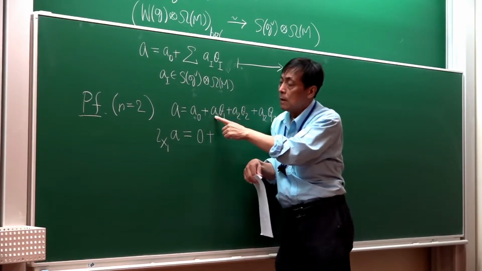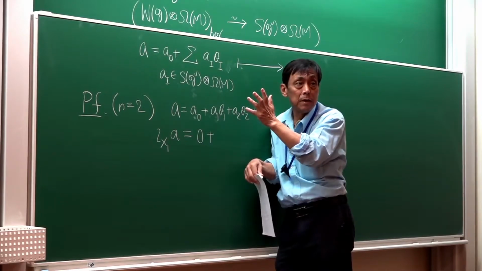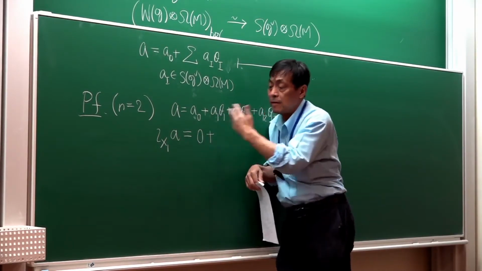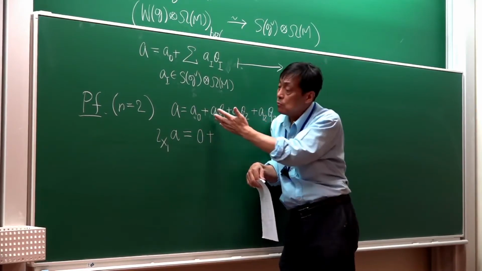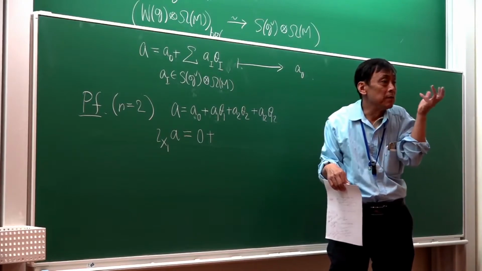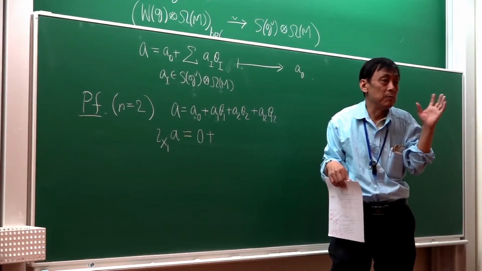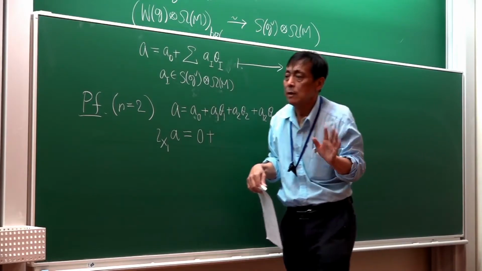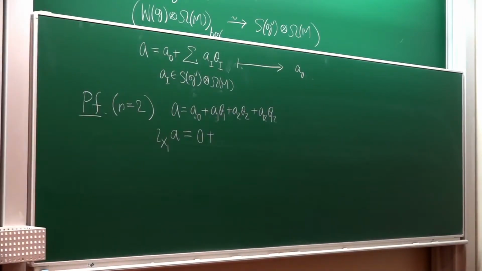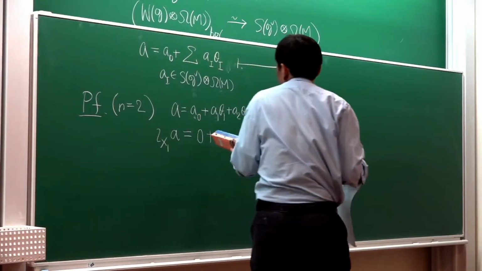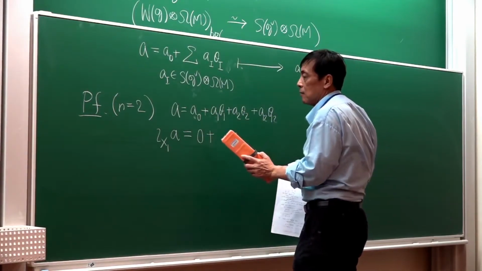And so this A1 could have even or odd degree. And since I is an antiderivation, when you move it across A1, you could have a sign, or maybe you don't have a sign. So it could be plus or minus. So that's not a good way to write A, because if you write it that way, you don't know what the sign is, okay?